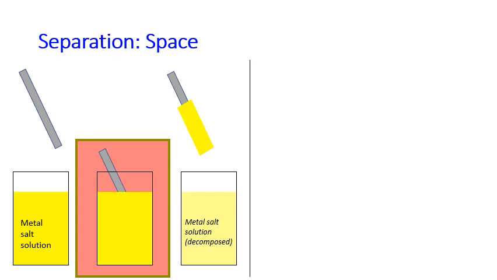So we put the metal into the solution and then we heat everything. The heat will help the process to become faster. However, the end result is that the metal is coated successfully, but then the metal salt solution is decomposed. It means that the solution may not be good for the next process.